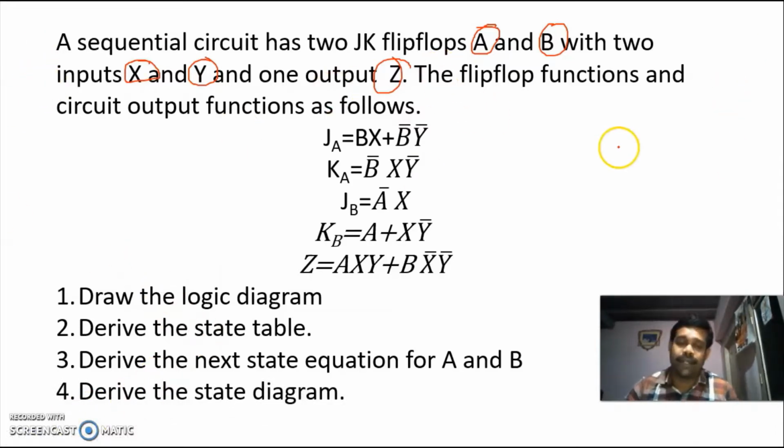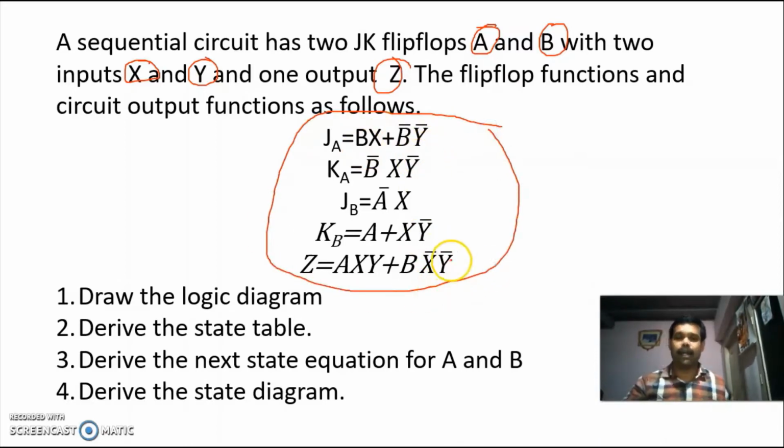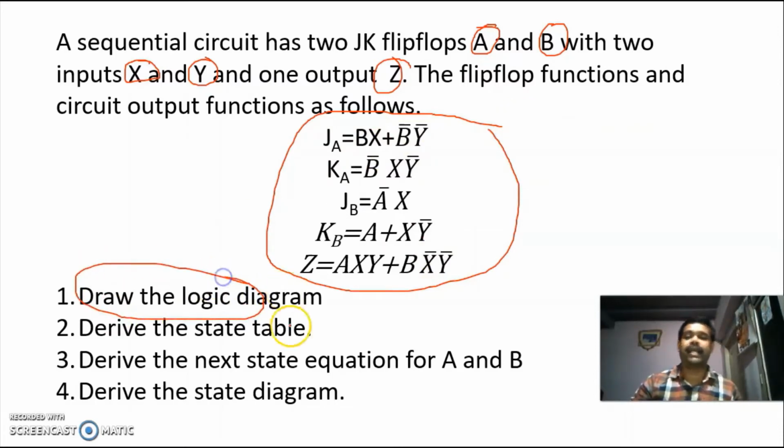So in this question, instead of giving the circuit, they have directly given the flip-flop input functions and output functions, and they are asking us to draw the logic diagram and derive the state table, next state equations and state diagram.